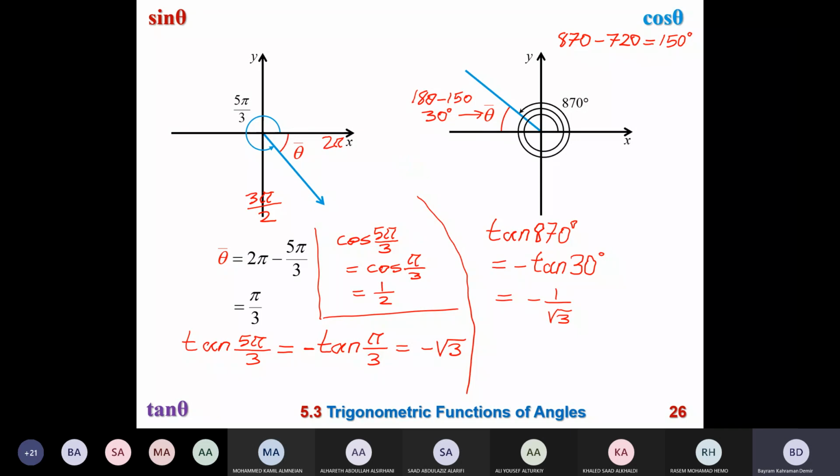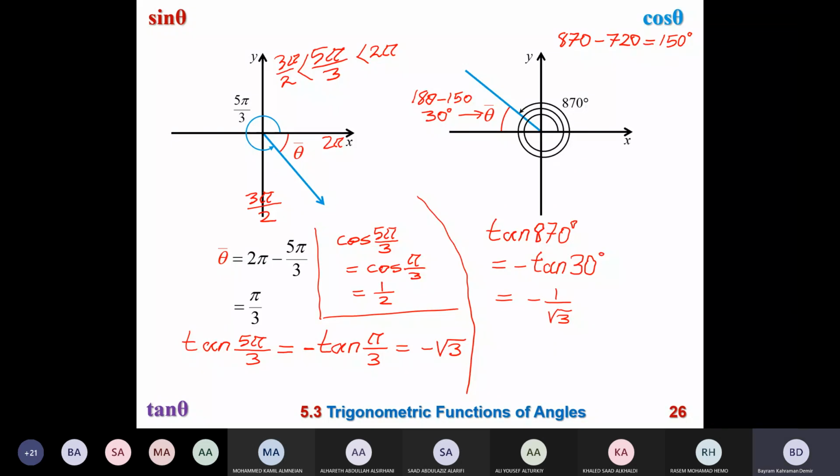So now, how do you know 5 pi over 3 is less than 2 pi? I guess this is easy to understand, right? Because 2 pi is 6 pi over 3, so it is greater than 5 pi over 3 by simple logic. And 5 pi over 3 is greater than 3 pi over 2.